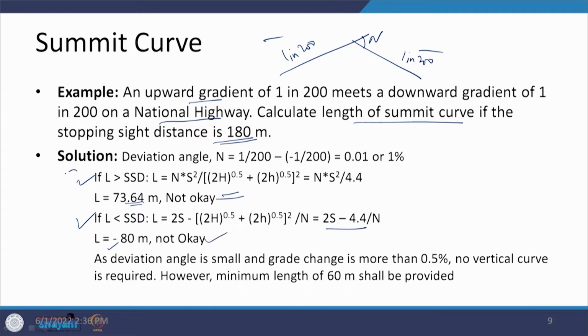So, what we have found is that both of these conditions are not resulting in any length of a summit curve. This may be because of the deviation angle, the speeds, or the gradients which have been given here.